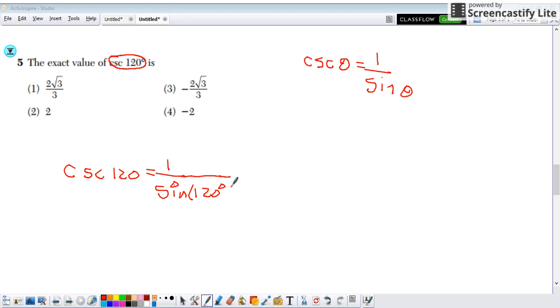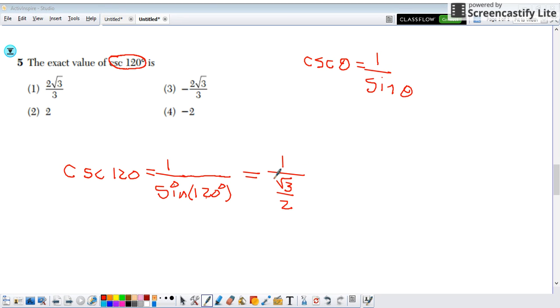Now, how are we going to find the sine of 120? We're going to look at our unit circle. Here's our unit circle. We locate 120 right here. We got to remember that sine is the y value, which means that the sine of 120 is square root of 3 divided by 2, which means that we have 1 over square root of 3 divided by 2.